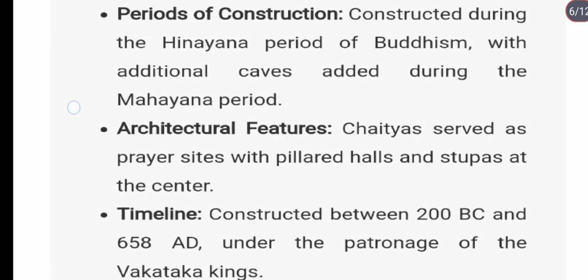Period of its construction: during the Hinayana period of Buddhism, with additional caves added during the Mahayana period. Architectural features: chaityas and viharas serve as prayer sites, with pillared halls and a stupa at the center.